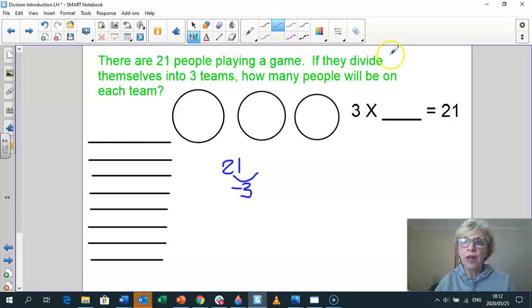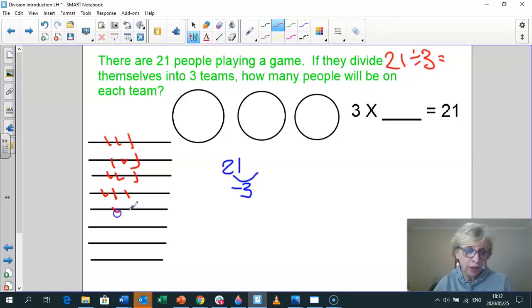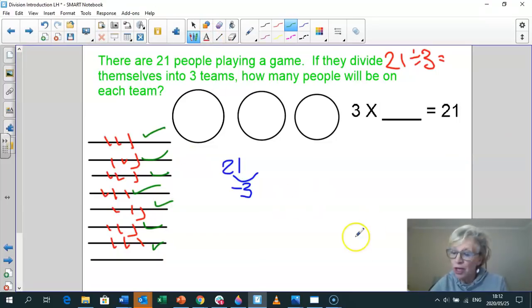So we know that our story sum is 21 divided by 3 equals, and I'm going to go 1, 2, 3, 4, 5, 6, 7, 8, 9, 10, 11, 12, 13, 14, 15, 16, 17, 18, 19, 20, 21. How many? 1, 2, 3, 4, 5, 6, 7. Wow, fabulous.